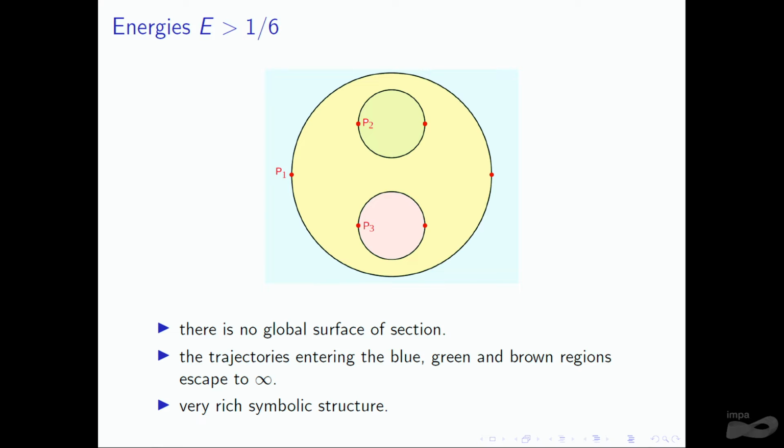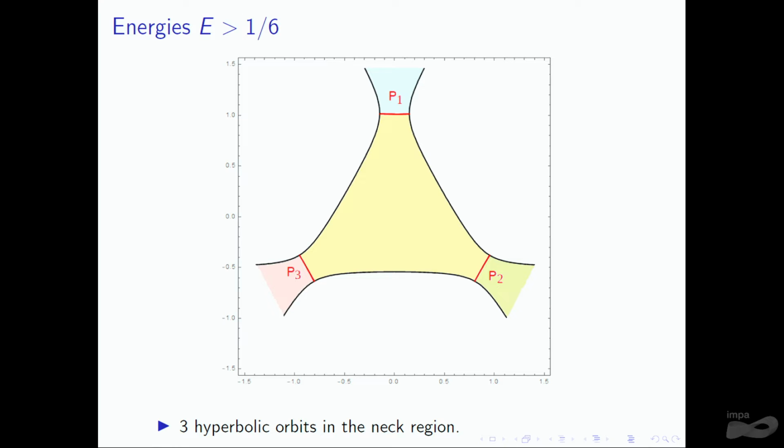They are hyperbolic, so there are the branches of the stable and unstable manifold of this hyperbolic orbit. It's also possible to prove that when you have an orbit crossing this red region, going up, it will escape in the other direction.